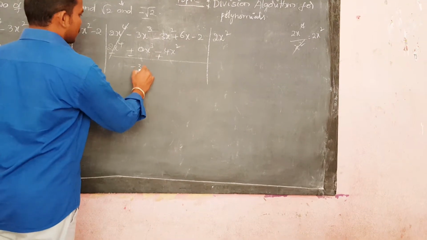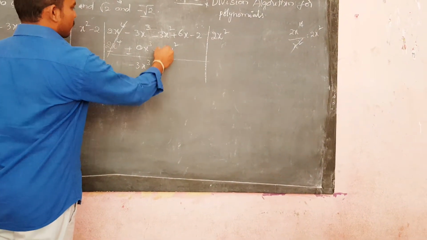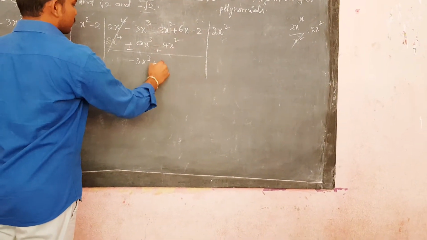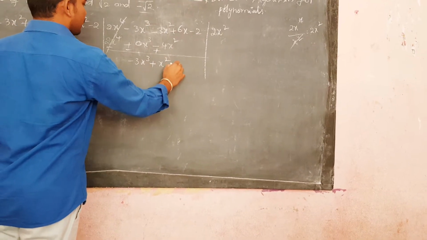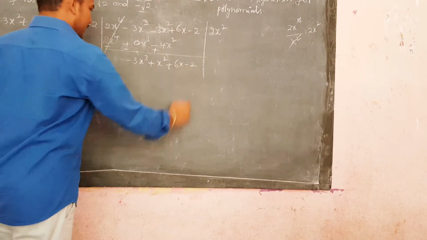So minus 3x cube plus 4x square minus 3x square gives plus x square, plus 6x minus 2.